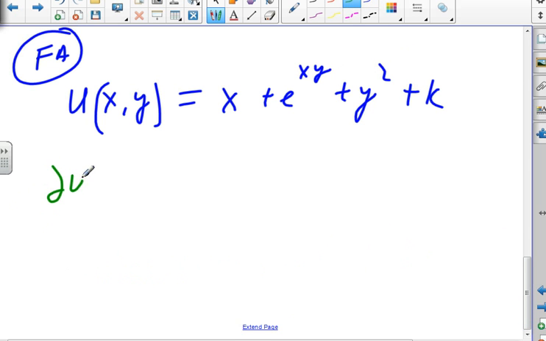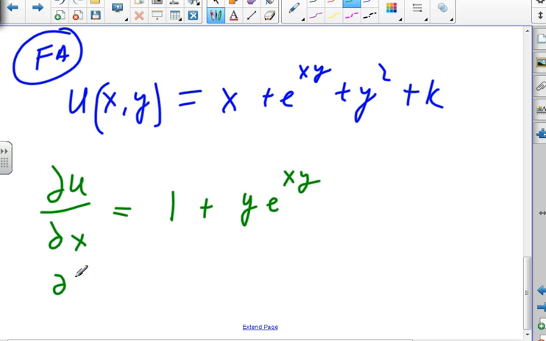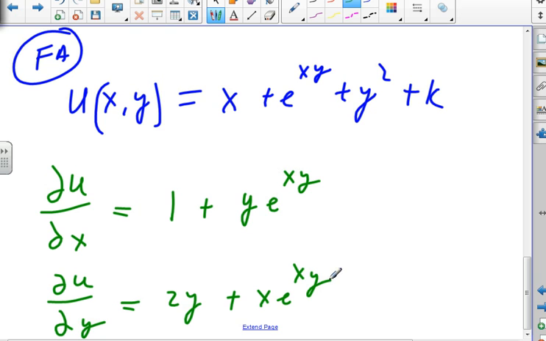The partial of u with respect to x: 1 plus y e to the xy. The partial of u with respect to y, he goes away: 2y plus x e to the xy. Is that what we started with? And the answer is yes. So it checks. All right, so our answer is good.